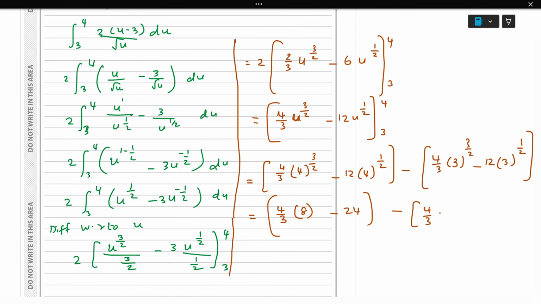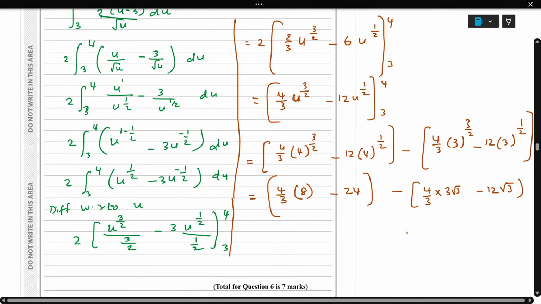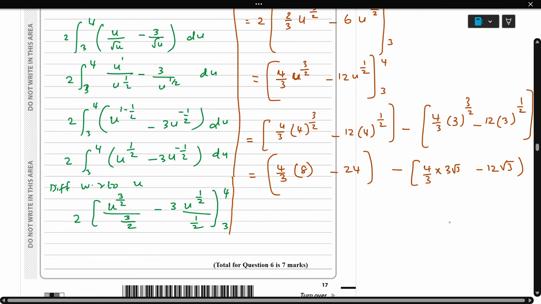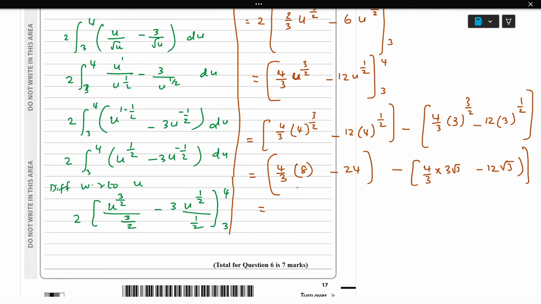Eight into root 3, which is 3 root 3, minus 12 into root 3. So equal to, so here 32 by 3 minus 24, and minus here 3 got cancelled, so 4 root 3 minus 12 root 3.